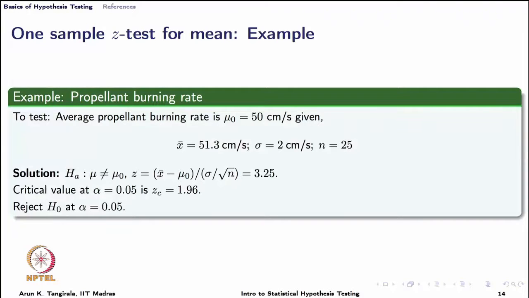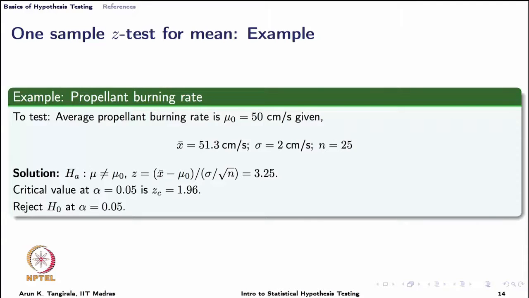So, let us take this example of the propellant burning rate. This is kind of a burning example for us in this course. The goal is to test whether the average propellant burning rate is different or not, depends on how you put it. Mu naught is 50 centimeters per second, and the alternate hypothesis is that it is not.